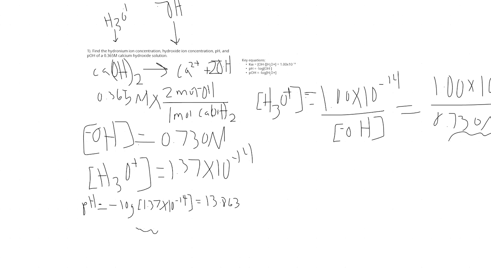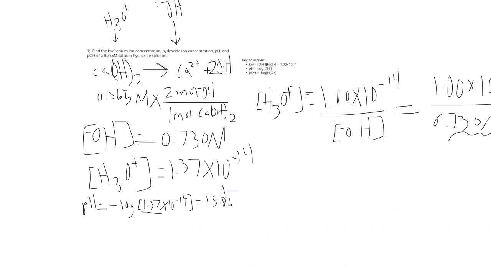Whenever you take a log, we had three significant figures in the problem, and that's what we're trying to maintain, which means three significant figures are maintained after the decimal point. So these three are the significant figures. The 13 we don't really care about. It's all about past the decimal point.